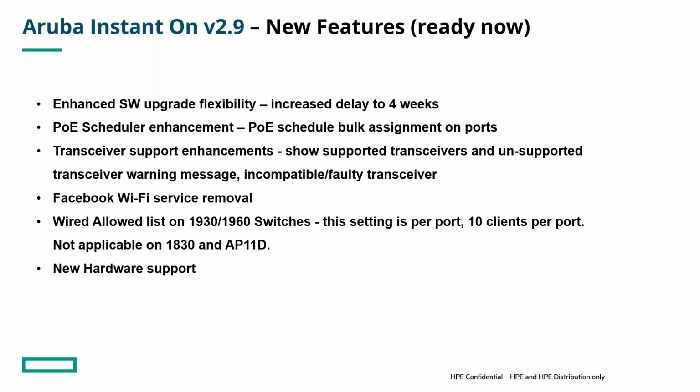We've increased it over time. It used to be 1 week, then 2 weeks, and now we've moved it to 4 weeks. Some customers don't like those upgrades to happen right away, so we've managed to give you some flexibility with that. But after that 30 days, of course it's definitely going to happen. We have control of that.